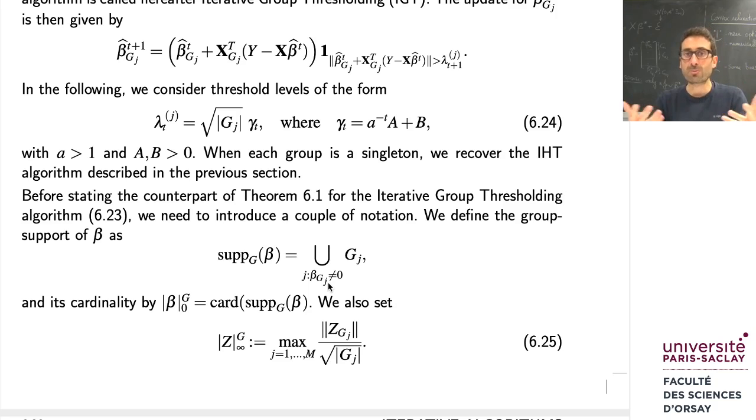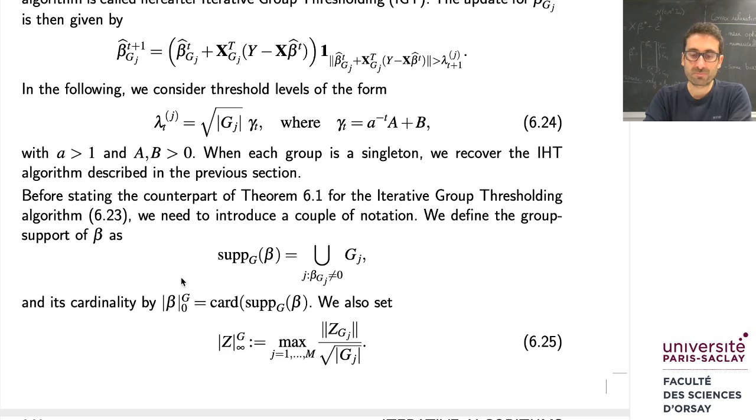It can be somewhat larger than the support of beta if there are some zero values. If for some group, beta_dj is non-zero but there are some zero coordinates, then it will not be equal. If whenever a group is non-zero all its coordinates are non-zero, then this will correspond to the support of beta.